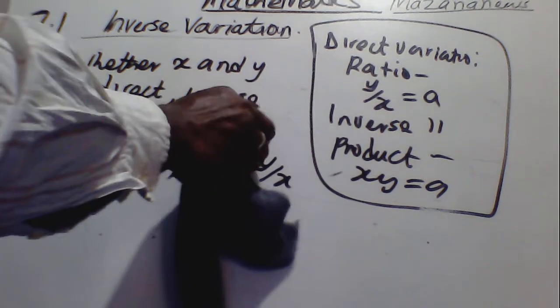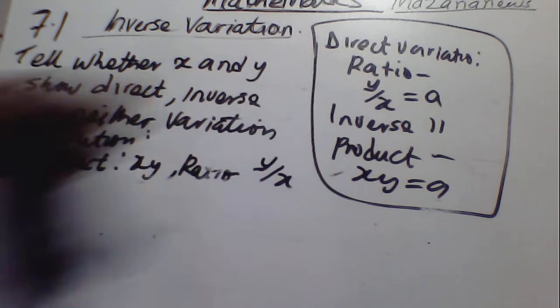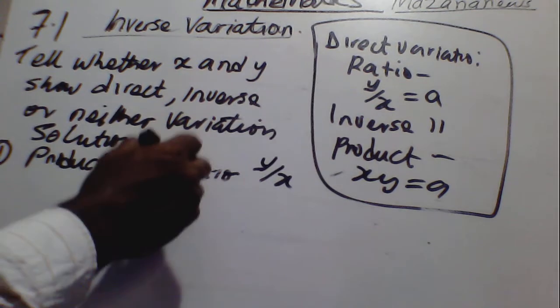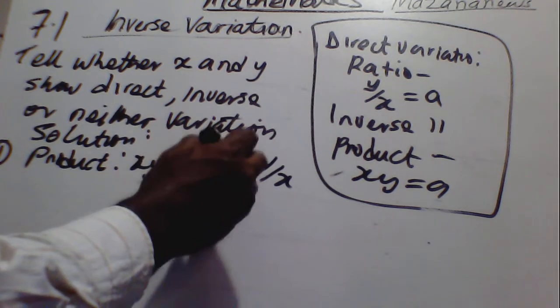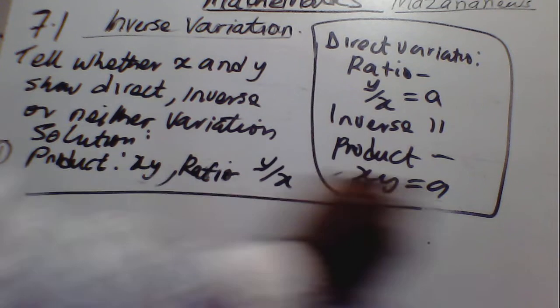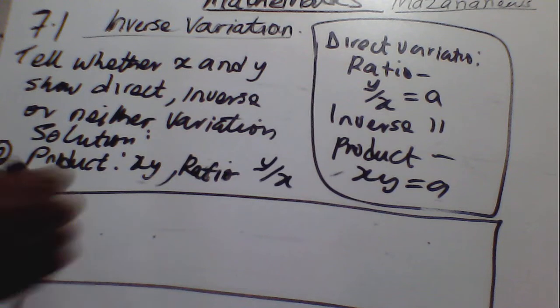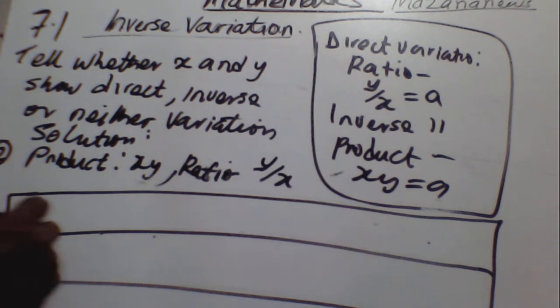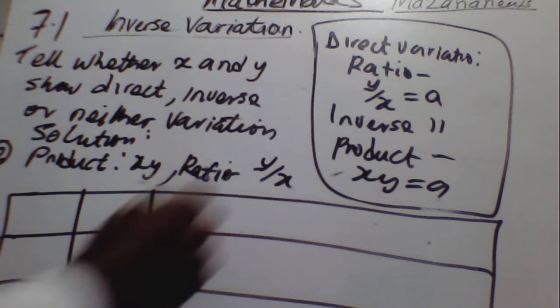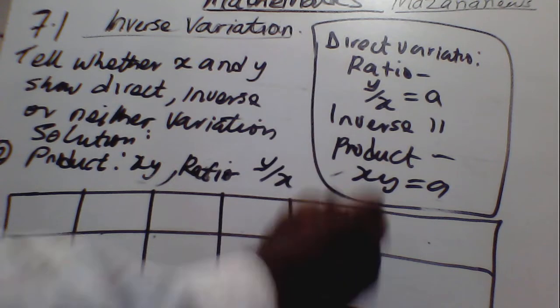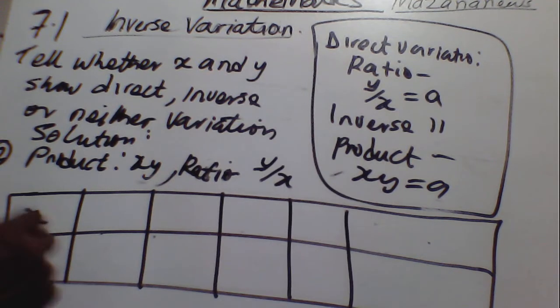So the next is, let's do the second example for clarification. Put the table of data, example 2. Put your data, a set of data. Here is x, here is y.